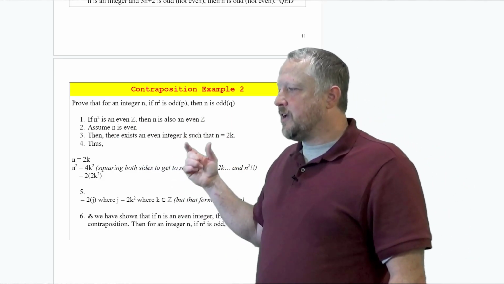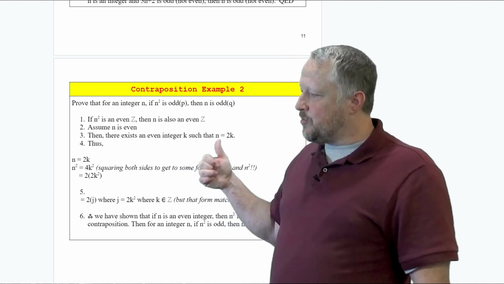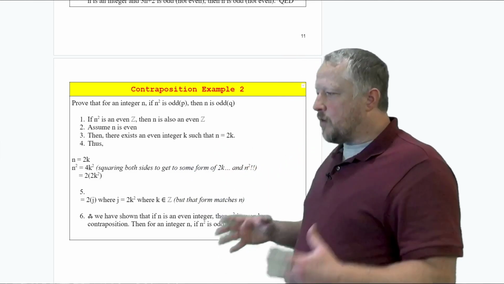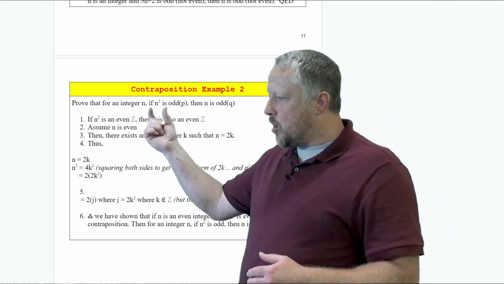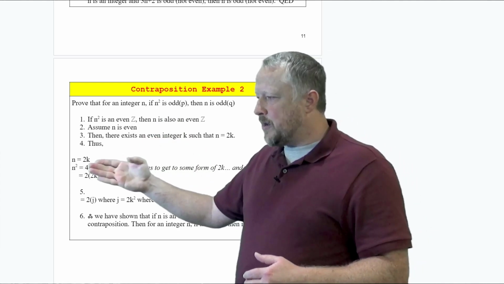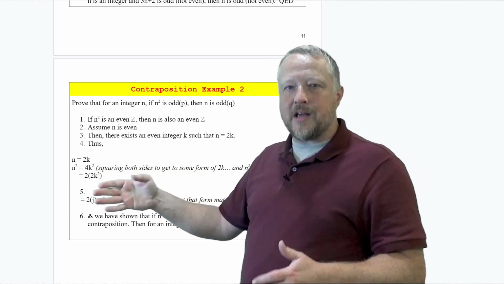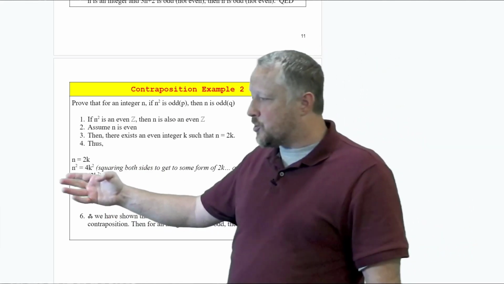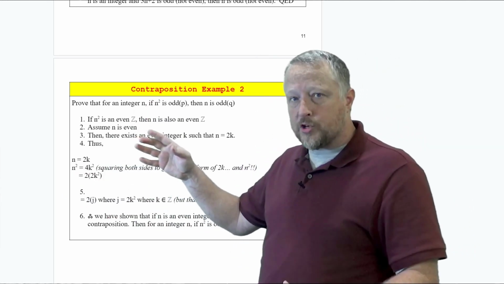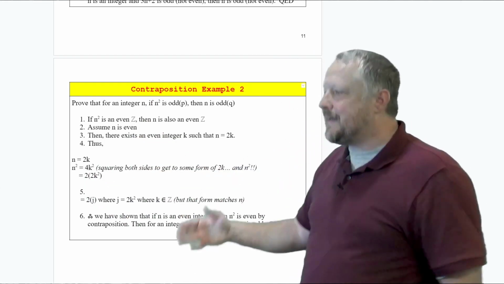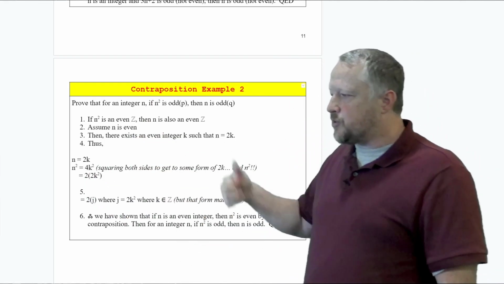We're going to assume that the negated Q portion is true for number 2. Number 3, we're talking about even again, so you know this equation is going to pop up. So in part 4, again, I'm focusing on the n squared, but I have n as 2k. So what do I need to do to get n to n squared? I frankly square both sides to get my n squared, my P portion. And then I start solving it from there to get it back into my equation of the 2k.